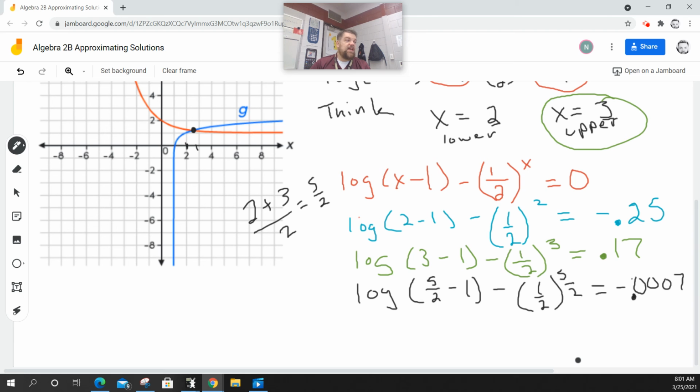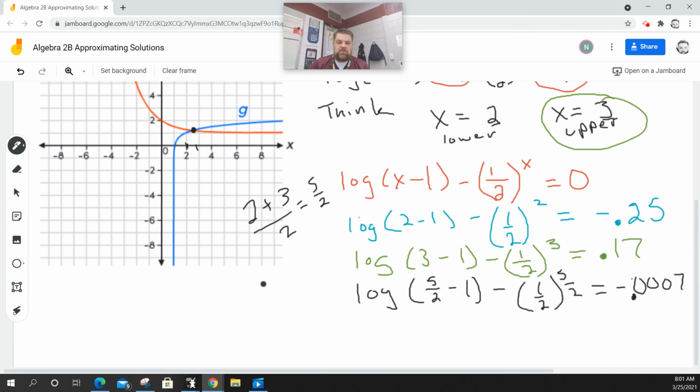Now, since it's negative, we're going to replace our lower boundary, which is 2. In other words, my answer is probably trapped between 2.5 and 3. Does that make sense? So if this were to be positive, we'd replace the upper boundary. We always want positive solutions when we do this.